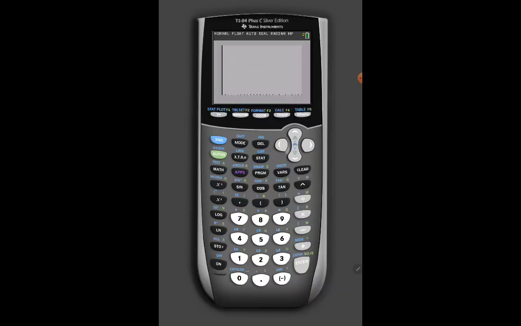Probably not going to see much because I'm using a different window. Wait for it to load. And then we're going to go to zoom, all the way down to fit. Hit enter. That's much better.